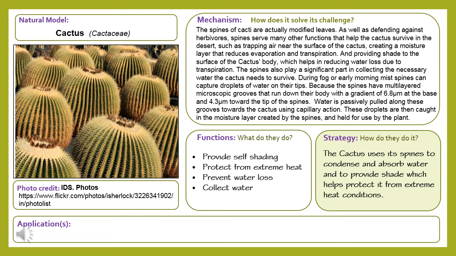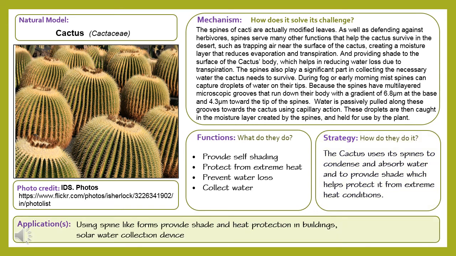So a good way to summarize this strategy would be to say, the cactus uses its spines to condense and absorb water and to provide shade, which helps protect it from extreme heat conditions. So lastly, as a team, brainstorm some applications for using this strategy in human design and fill that in the bottom of the form.